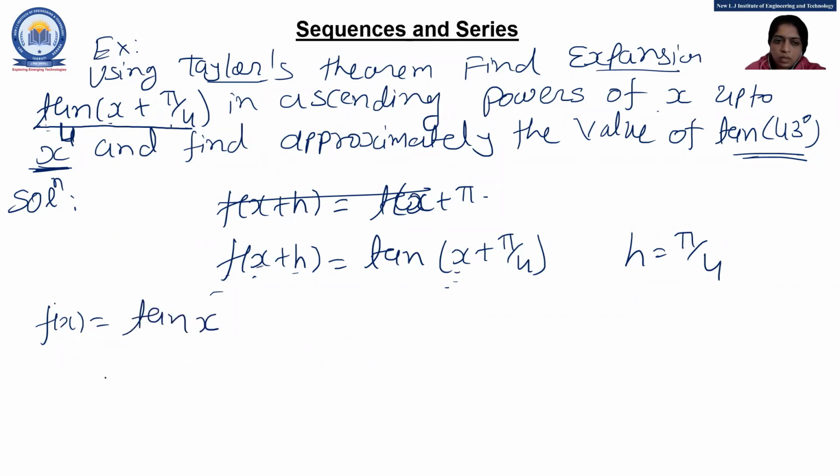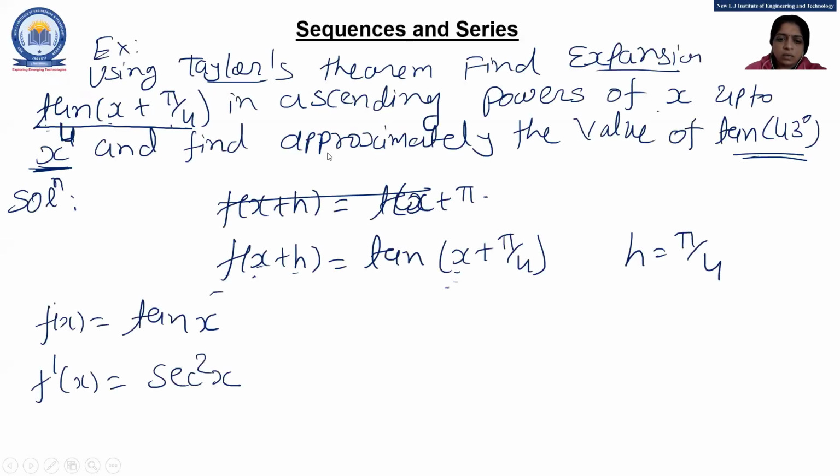The derivative of this f of x is f dash x, and the derivative of tan x is sec square x. Next, the second derivative, f double dash x. The derivative of sec square x is 2 sec square x tan x, because the derivative of sec square is 2 sec x into sec x tan x.